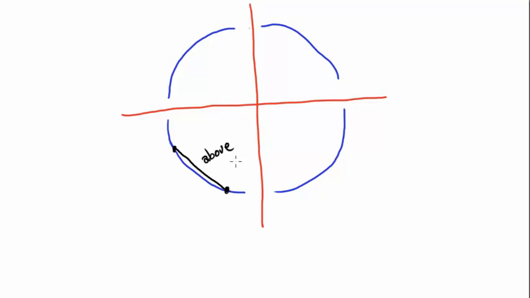That is my clue that this is concave up. Similarly, this quadrant over here, if I take any two points on this and I connect them, do you see that that black line again is above the blue line? So this is going to be concave up.